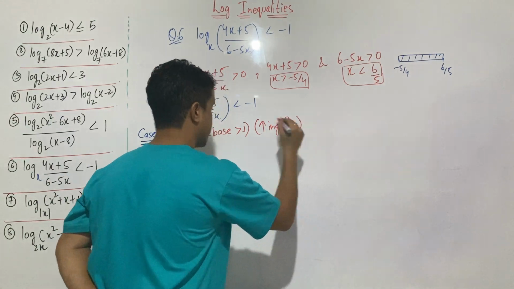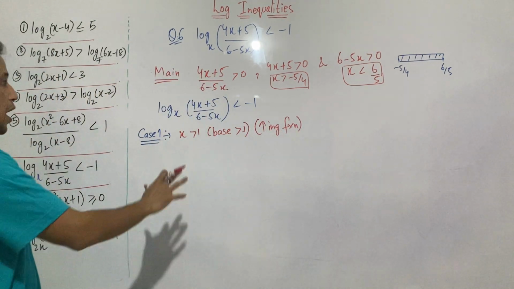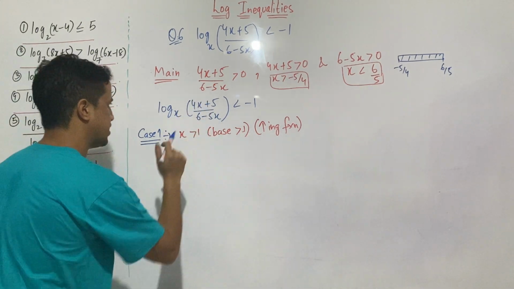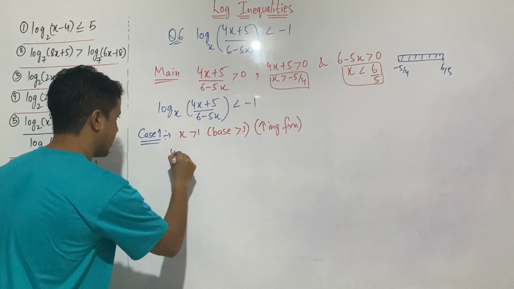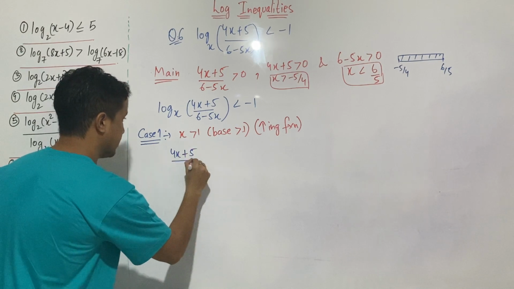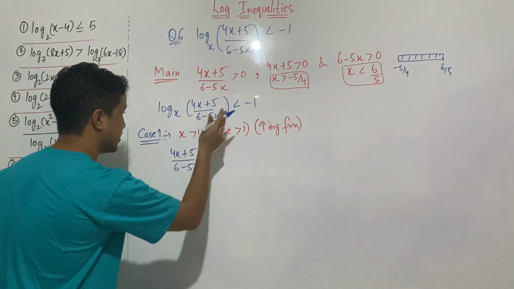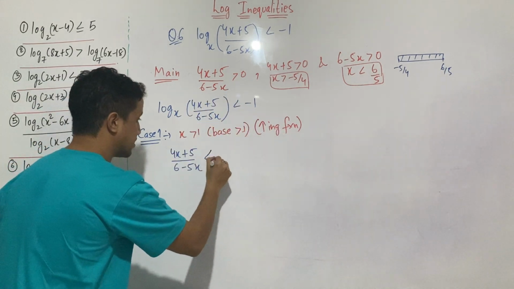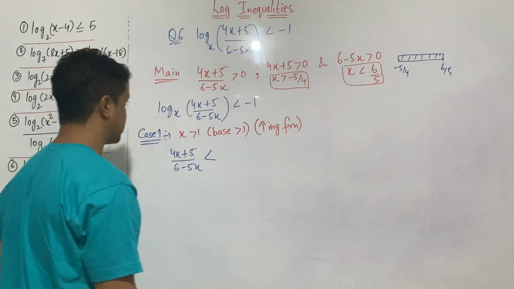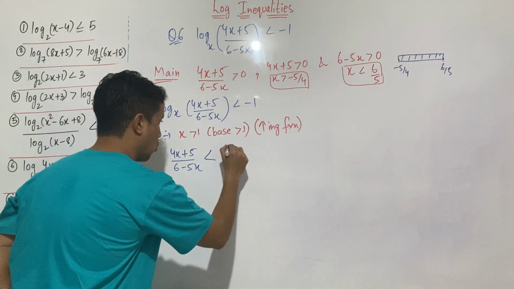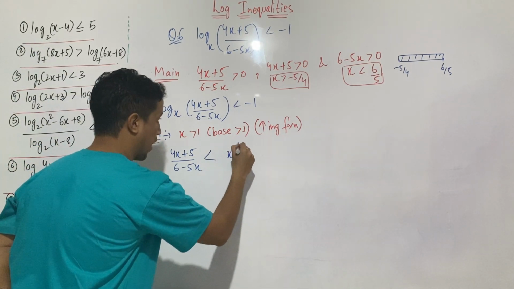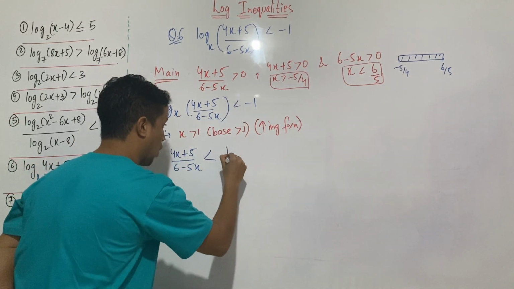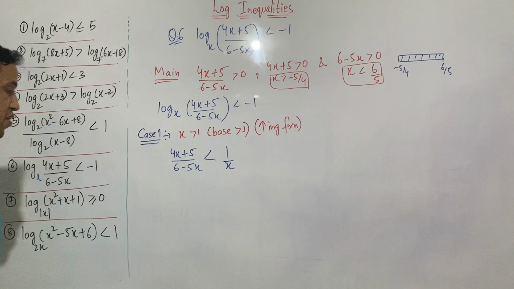Because it's an increasing function, the sign of inequality remains the same. So it's going to be x to the power minus 1, and it can be written as 1 by x.